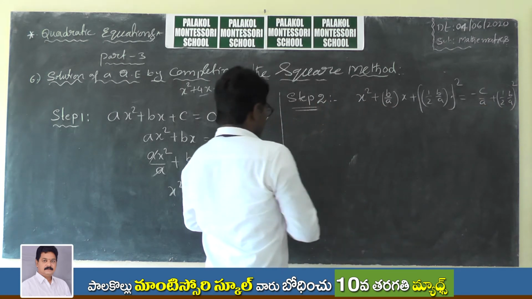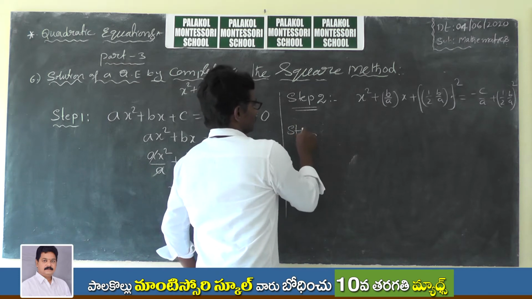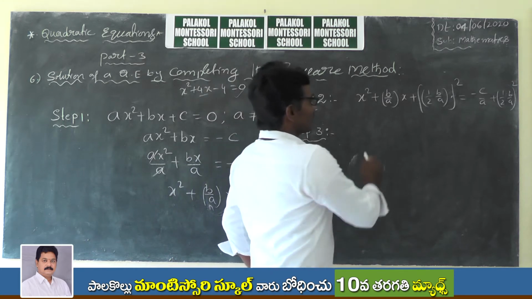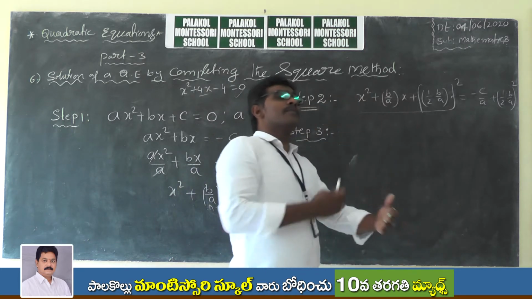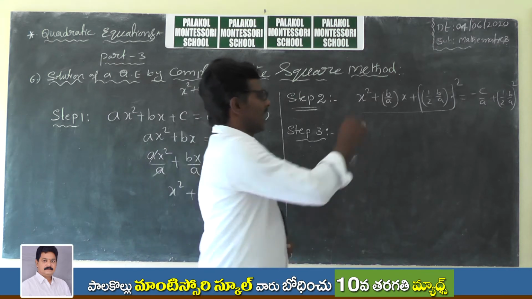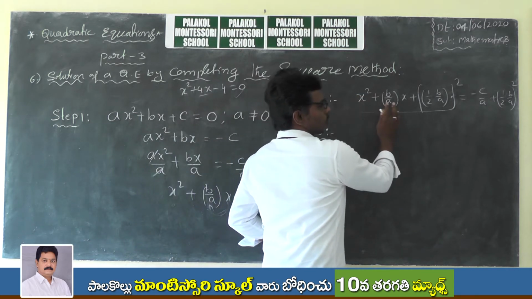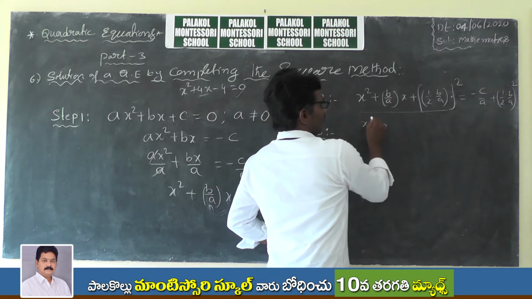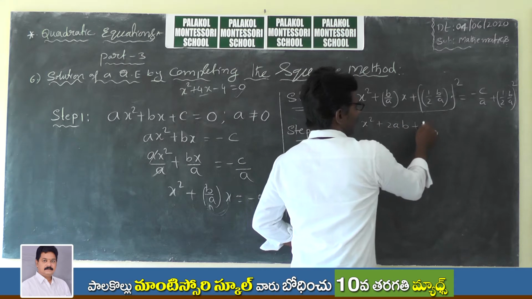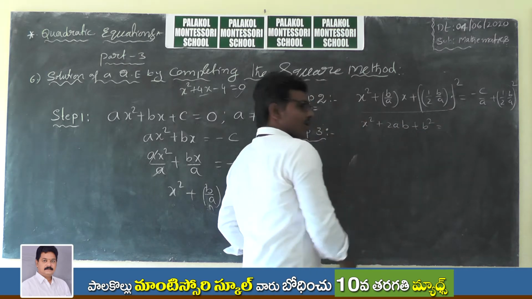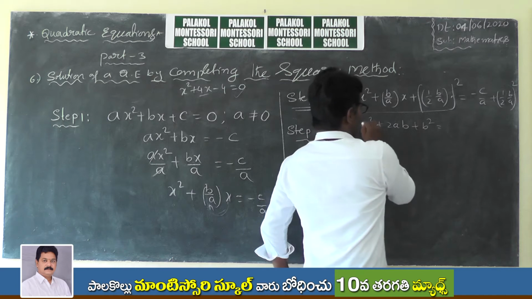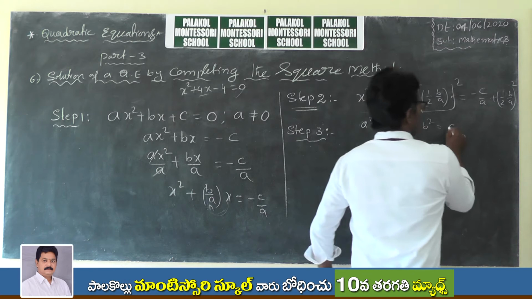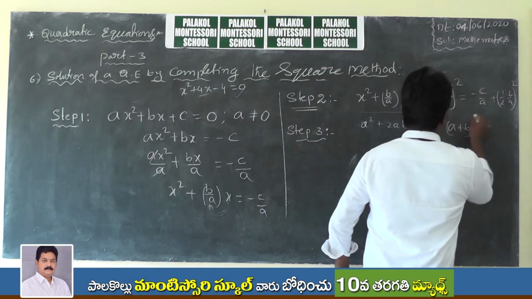Okay guys, step 3. Generally compare with the algebraic identity: a square plus 2ab plus b square. What is the short form? a plus b whole square.